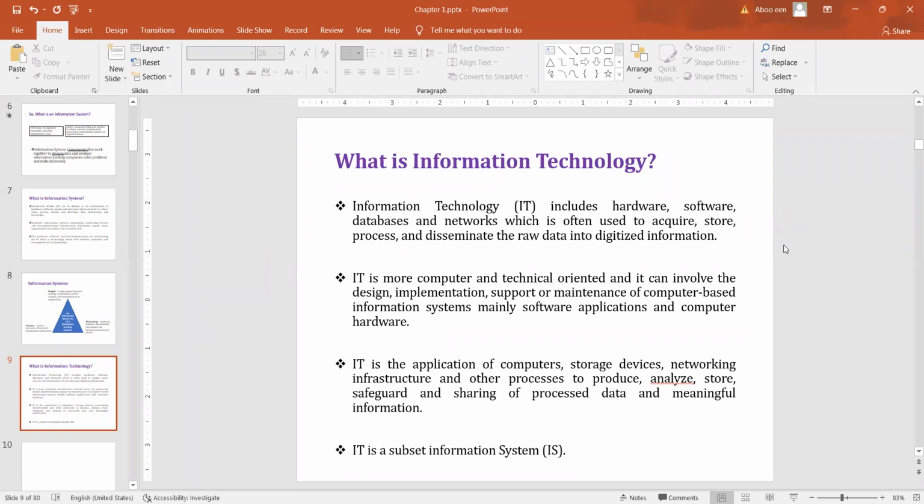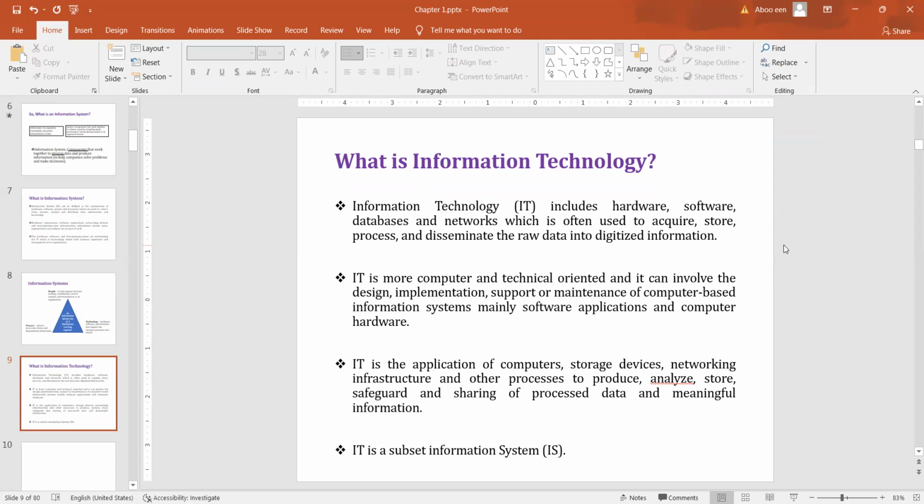IT is the application of computers, storage devices, networking infrastructure, and other processes to produce, analyze, store, safeguard, and share processed data and meaningful information.